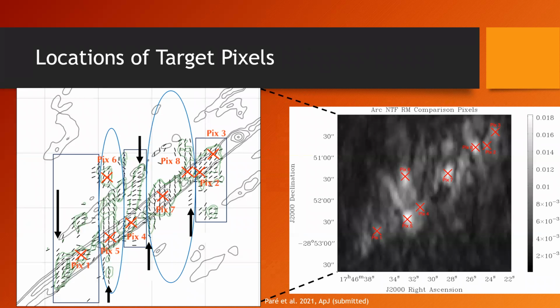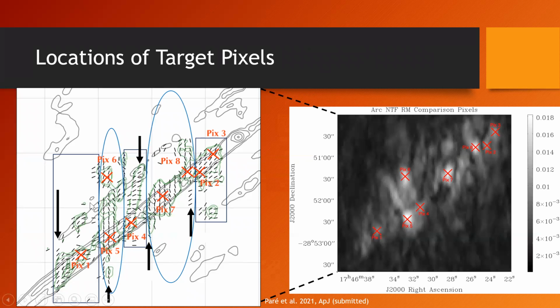So to do our modeling of the Faraday effects, we focused on 8 target pixels, and we chose these target pixels to cover the full area of polarization obtained for the radio arc. They were also generally in regions of peak polarized intensity, as shown in this grayscale image here. And they were also chosen to cover regions of both parallel and rotated magnetic field orientation.